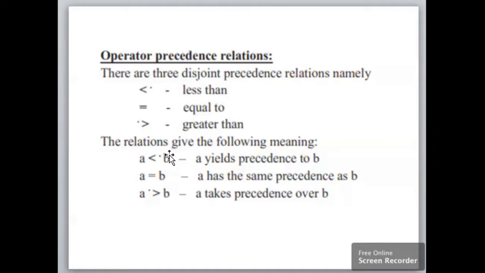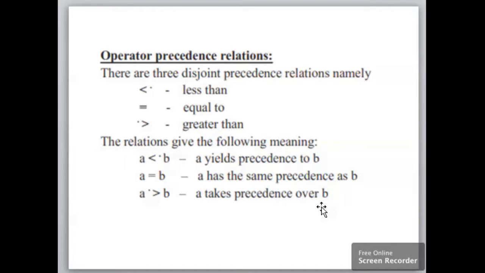But in terms of operator precedence, A less than B represents that A yields precedence to B, meaning B has a higher precedence as compared to A. And if A and B both have the same precedence, then we write A equal to B. And if A has a higher precedence as compared to B, then we put the greater than symbol, and we represent it as A takes precedence over B, meaning A has more precedence as compared to B.